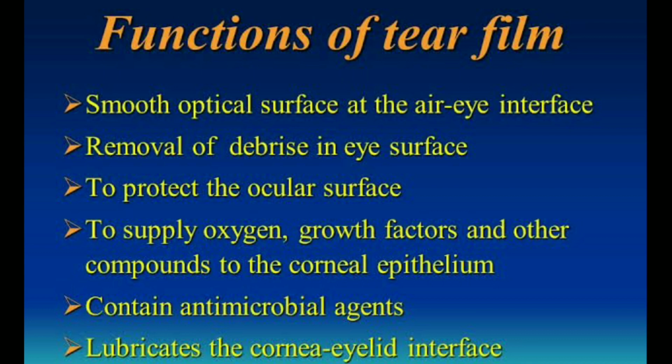Overall, the tear film lubricates the cornea-eyelid interface. So the thin layer of tear film has a lot of responsibilities, and they are very important for the biological functioning of the eye.